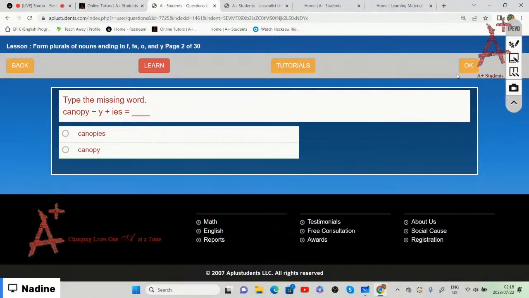So one canopy, two or more canopies. Is it canopies, which is the first option, or the second option, which is canopy? If we're changing the word to plural, then we are choosing option one.